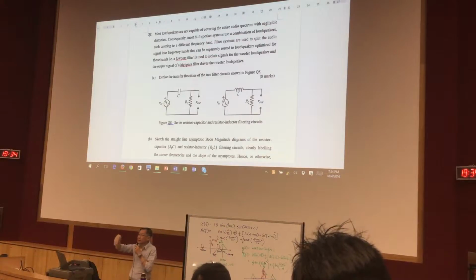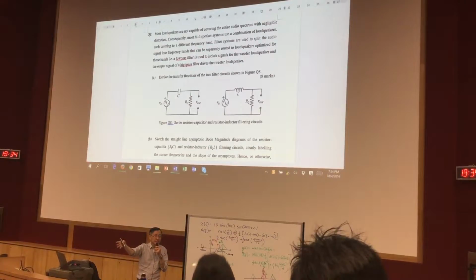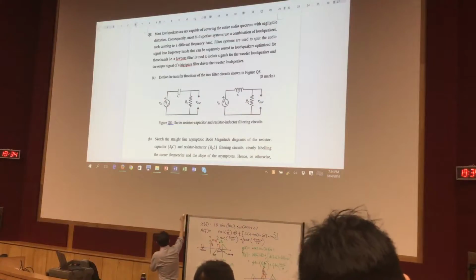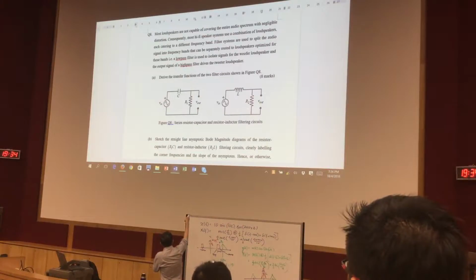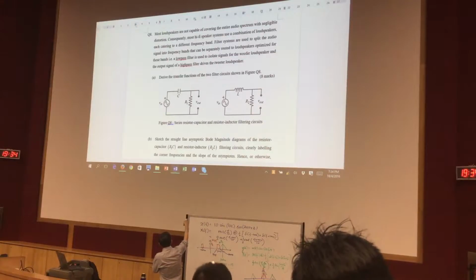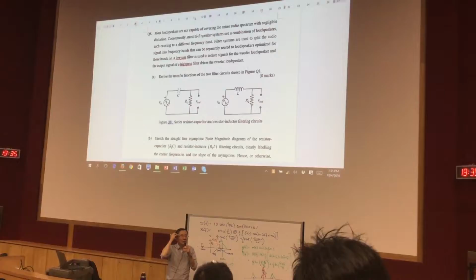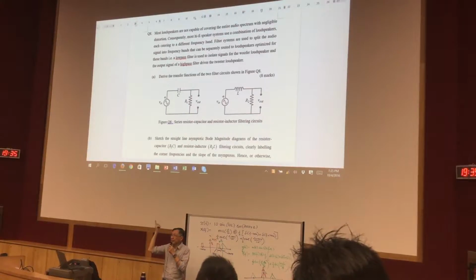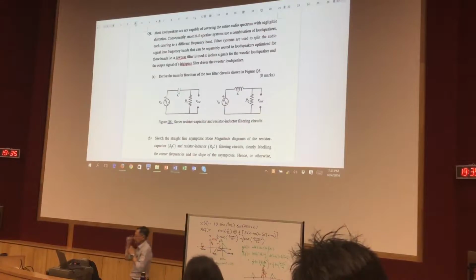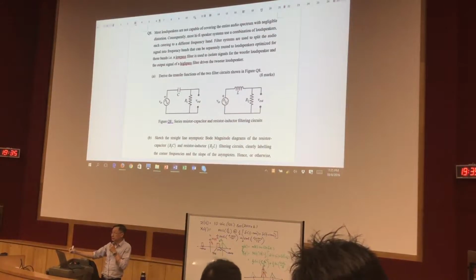And V out over V in is your transfer function. Okay? Same with this. Alright? Again, in this case, you have an inductor. V out over V in is equal to R2 over R2 plus SL. That's all. 8 marks. Let's start. Okay? Any questions?